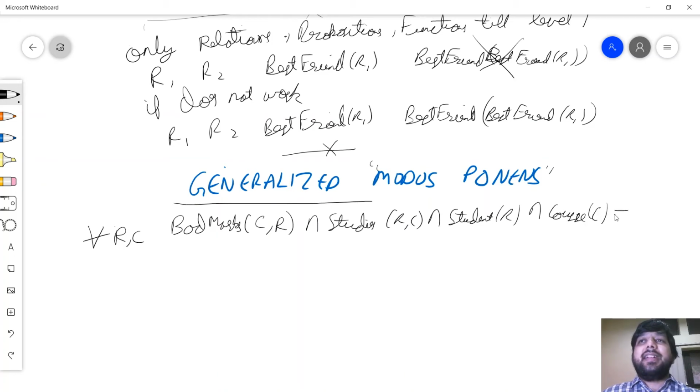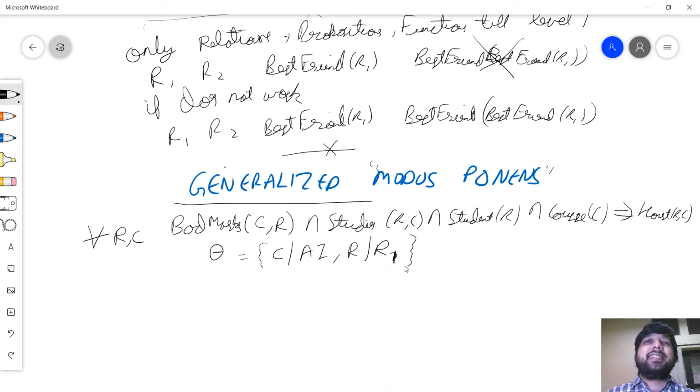Now I apply a substitution throughout each one of these, with C substituted by AI and R substituted by the one whom we knew had bad marks, R1. So I apply the substitution throughout.